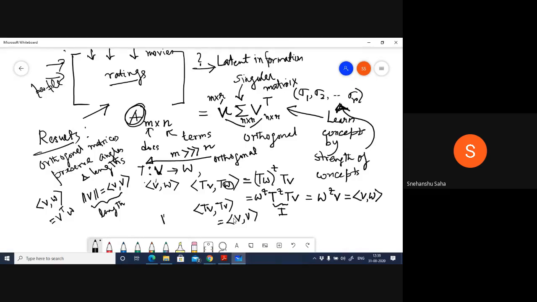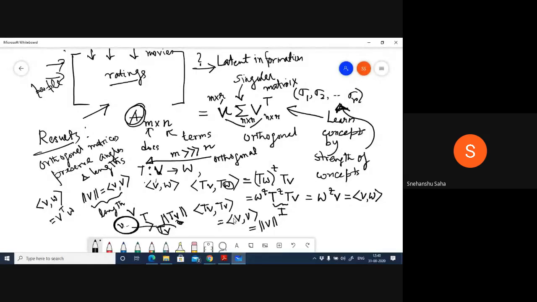This is nothing but the length of the transformed vector, and this is nothing but the length of the original vector. So what is TV, guys? You have a vector V, which belongs to the vector space capital V. You apply a transformation on this, which means you are operating on the vector V with a linear transformation, and what you get is TV.